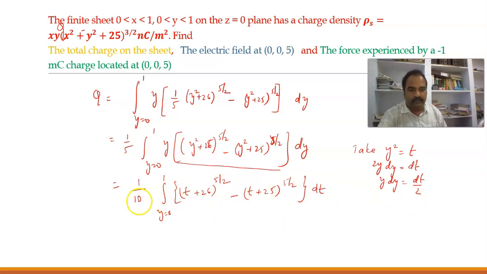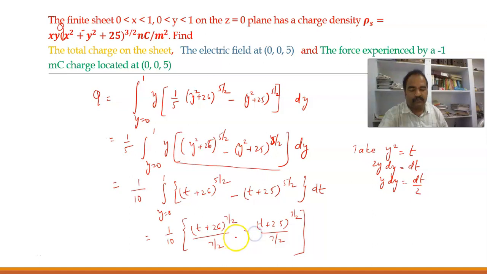The 2 I have written here, 5 into 2 is 10. Now see the integration here. For t plus 26, I'll get 7 by 2 by 7 by 2, right? Minus t plus 25, again 7 by 2 by 7 by 2.